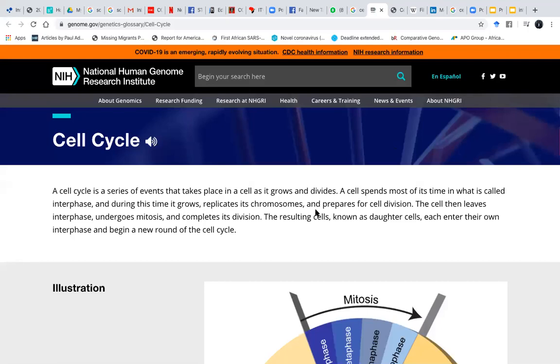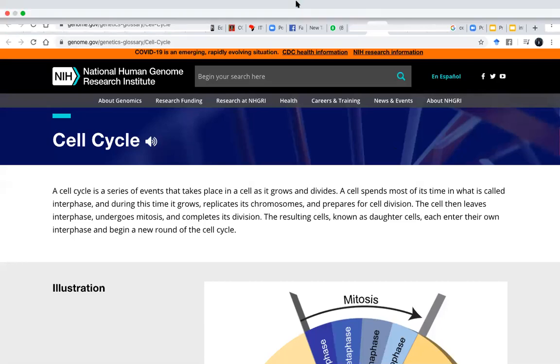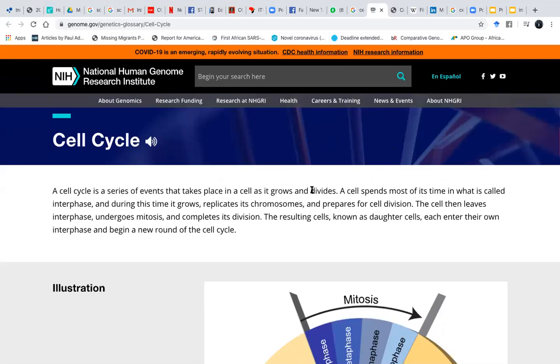So when we are talking about mitosis now, mitosis is captured under division, cellular division, while other steps that happen are captured under growth. So mitosis is an aspect of cell cycle, but it is not the only aspect of cell cycle. There are other aspects of cell cycle that are involved.